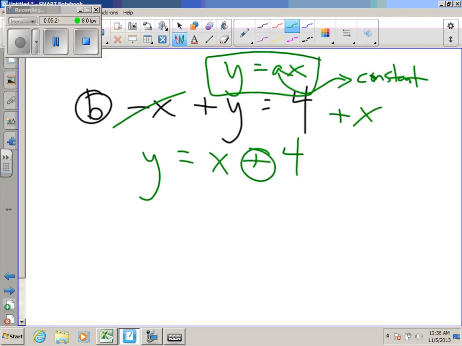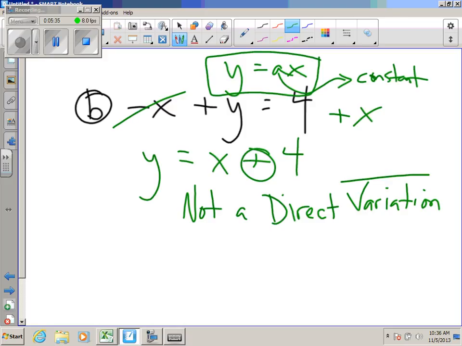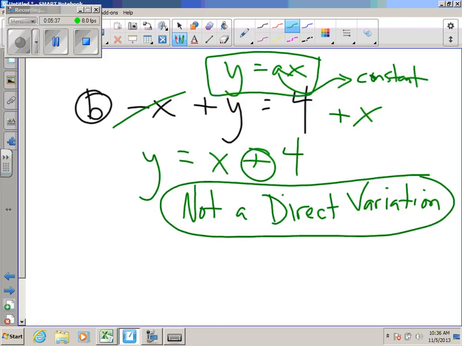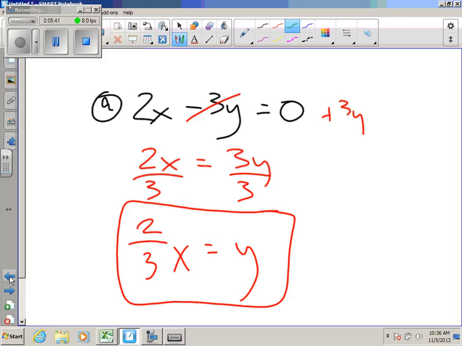So the answer is that this is not a direct variation. That would be the answer. Okay. Whereas this one, Raven, 2/3 was my constant of variation.